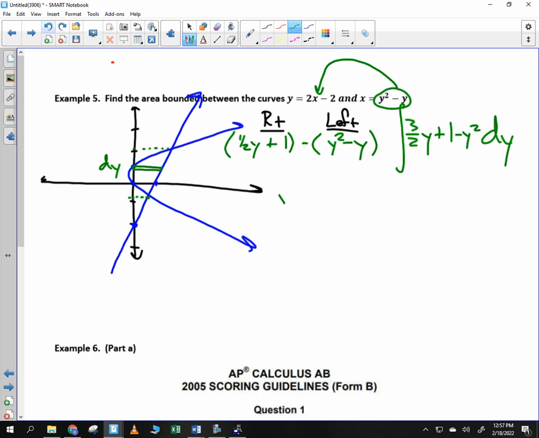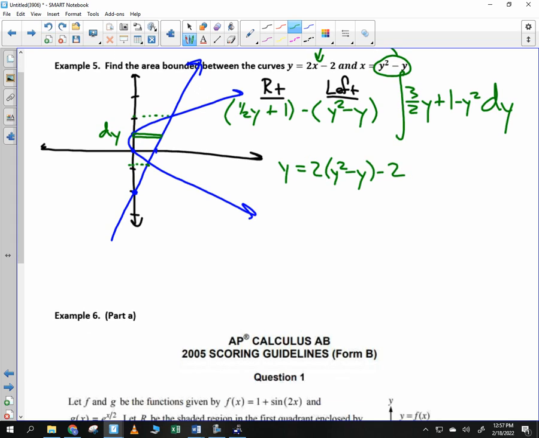And so we get y is equal to 2 times y squared minus y, and then we have minus 2. Or y is equal to 2y squared minus 2y minus 2. Kind of pretty. Subtract my y: 0 equals 2y squared minus 3y minus 2.